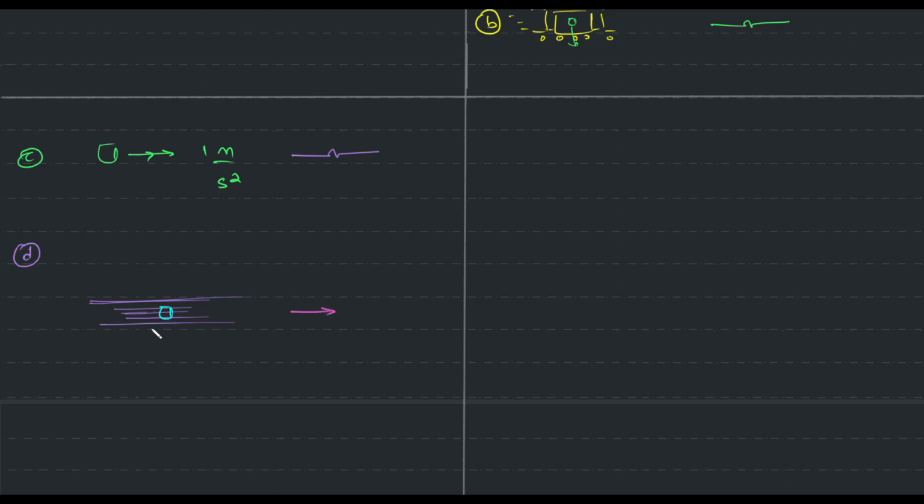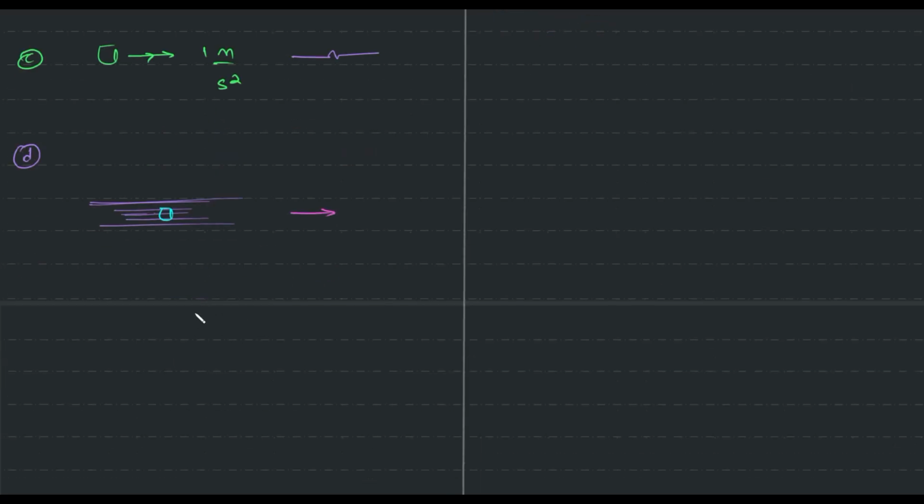Now they're asking what is the force acting on it. So now we have a different answer. It's quite simple. If this is the stone and the train is moving forward, please don't get confused with this diagram.